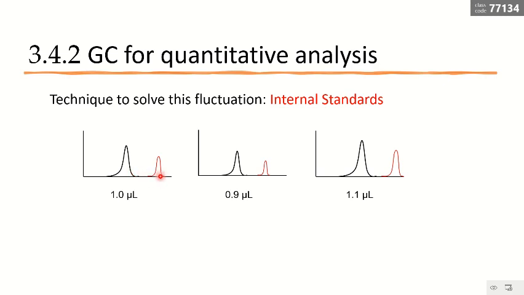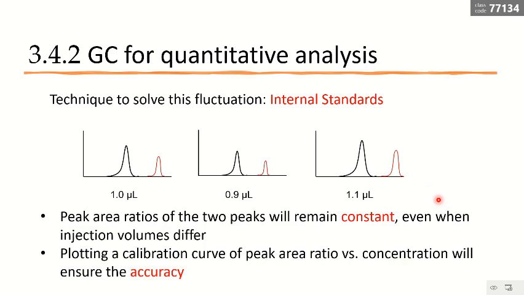So no matter how the injection volume fluctuates, the peak ratio remains the same. It remains constant. That means even if my hand is shaking a little bit, or I left a little bit in my syringe or something, I can still get a very accurate result.